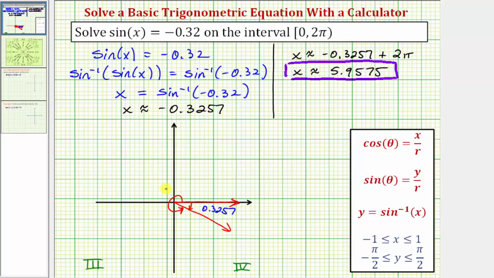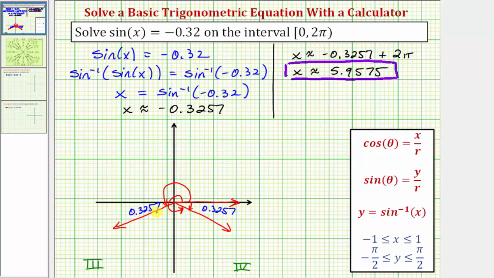So the angle in the third quadrant would terminate approximately here, where again the measure of the reference angle, or the angle between the x-axis and this terminal side, would be approximately 0.3257 radians. So the angle we're looking for in the given interval would be the angle that starts along the positive x-axis and terminates here in the third quadrant.